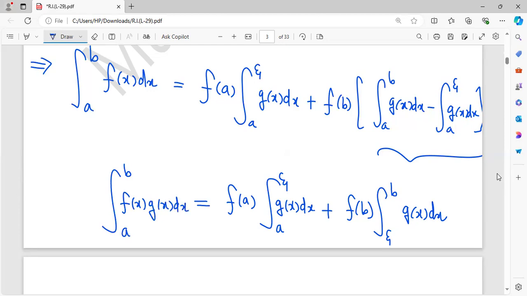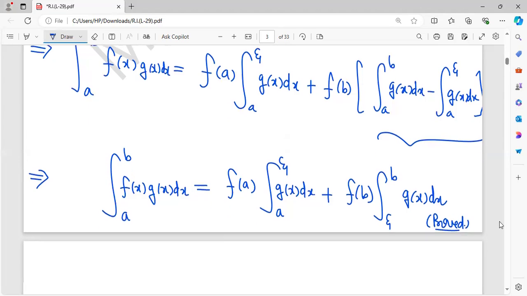Sorry, it is a typo. So this theorem is proved when your function f is monotonically decreasing. Okay. So we have proved the theorem.